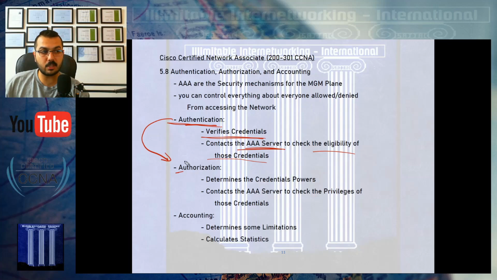So the authorization, which is the second A, determines the credential's powers: what it can do and what it cannot do. This happens by contacting the AAA server to check the privileges of those credentials. So yes, they are authenticated to access the device with a privilege of 15, of doing everything.